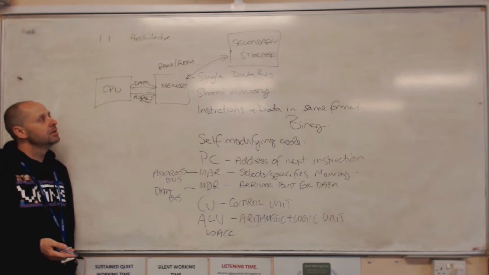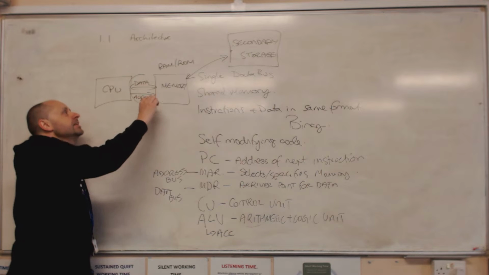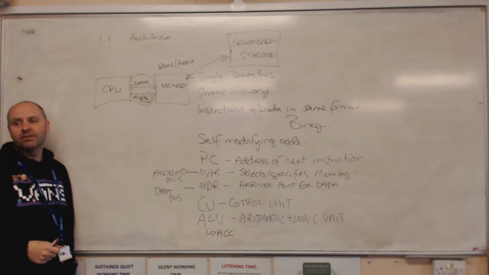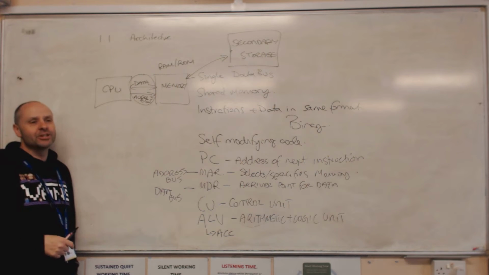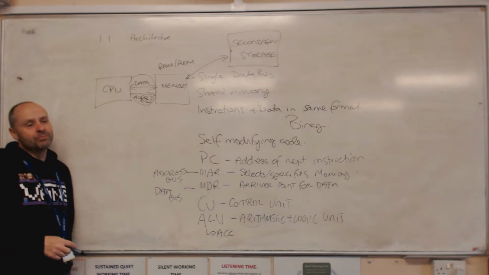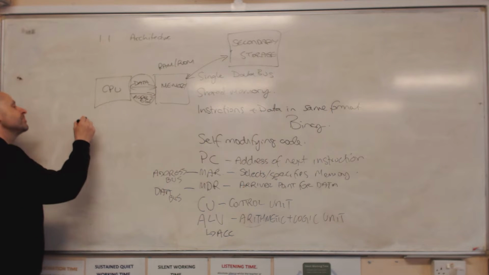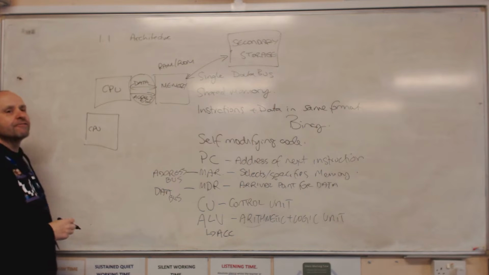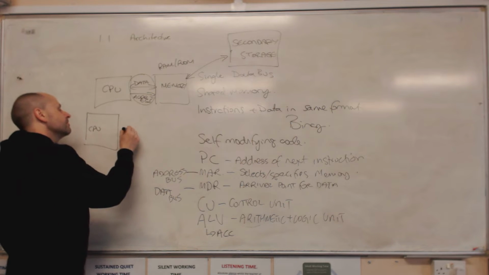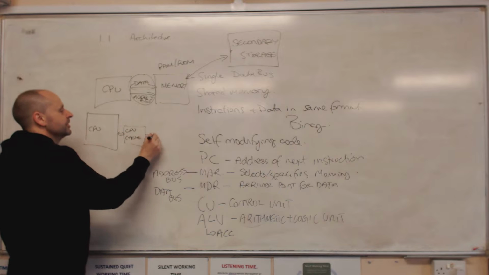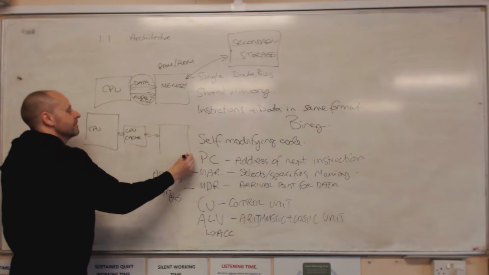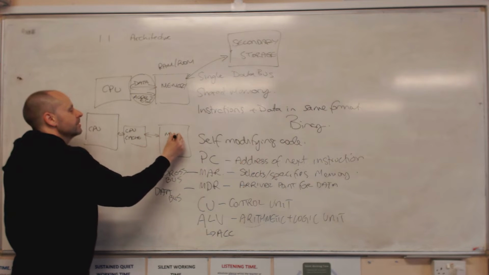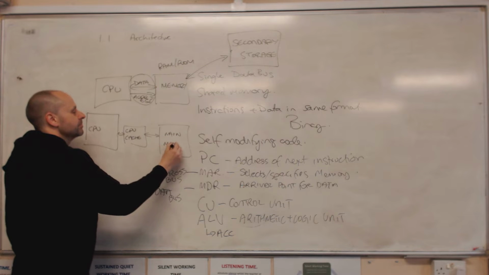Okay? This interface is, in terms of how fast the CPU can work, relatively slow. So what we tend to do is we have a small amount of very fast memory called the CPU cache that sits in between the main memory and the CPU.